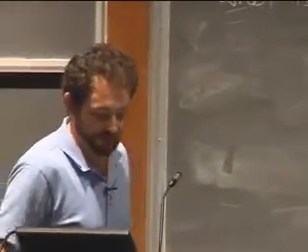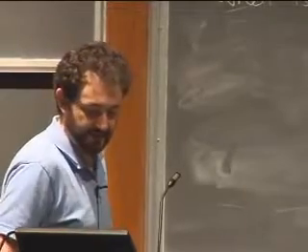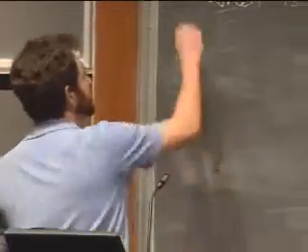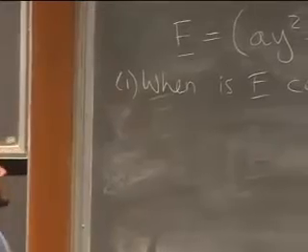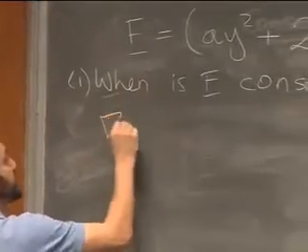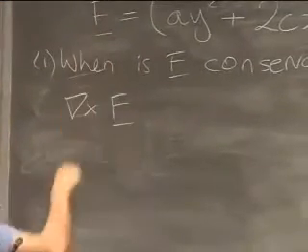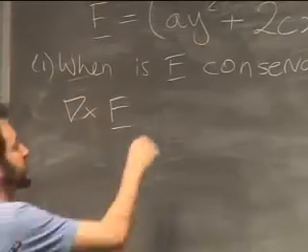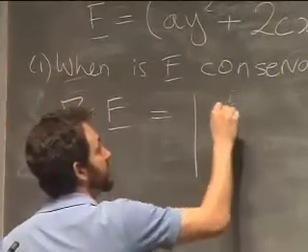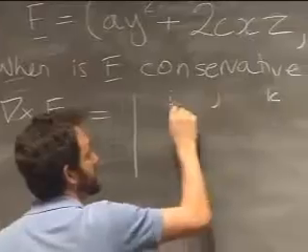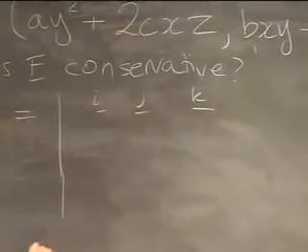What do you need to have for these numbers a, b, and c to make that conservative? That's the first part of the question. So I'll do that first before I tell you what the second part is. So the answer to this is as follows. You take the curl of F, treating, of course, a, b, and c as constants. So the way you do this is you set up the regular determinant matrix, 3 by 3. Curls are always 3 by 3.